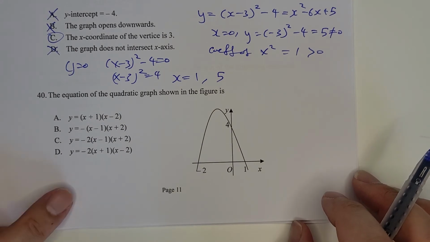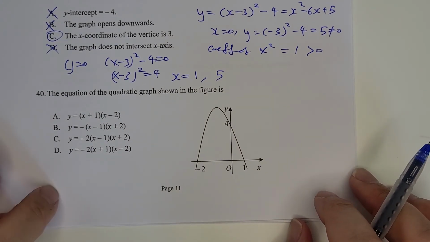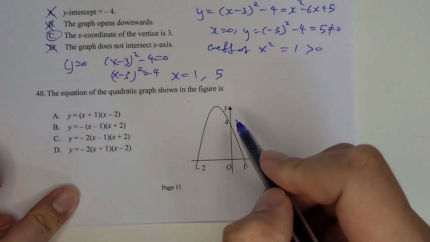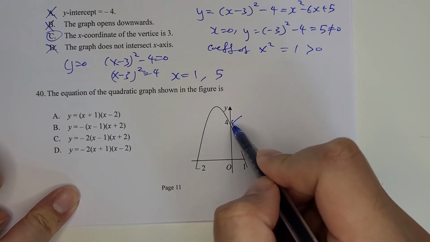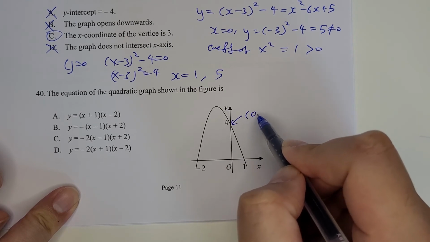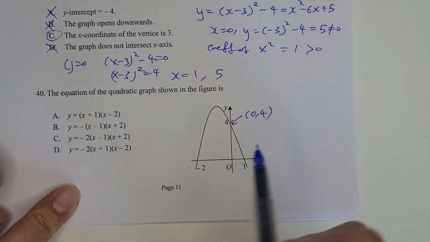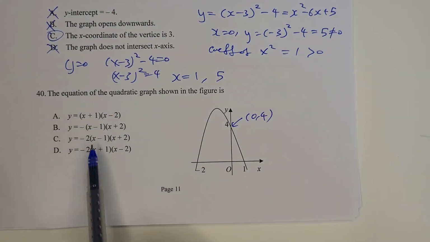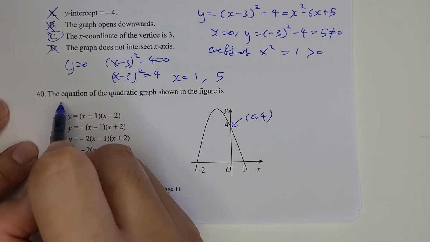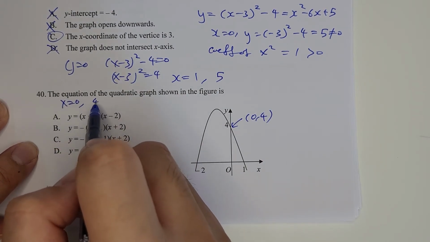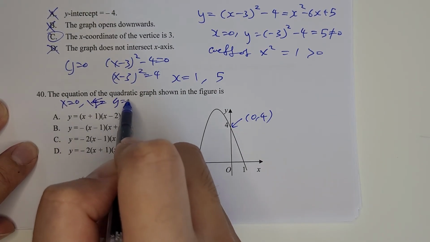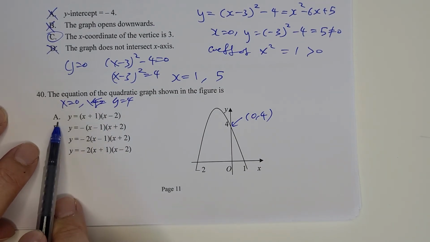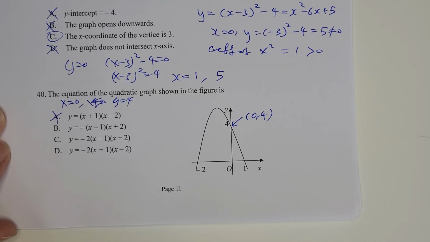Question number 40. The equation of the quadratic graph is, okay, 1, 2, 3, 4, which one? If the question gives you the point (0, 4), then you substitute x equals 0 and y equals 4 into the function. When x equals 0, y is negative 2, so A is not the answer.